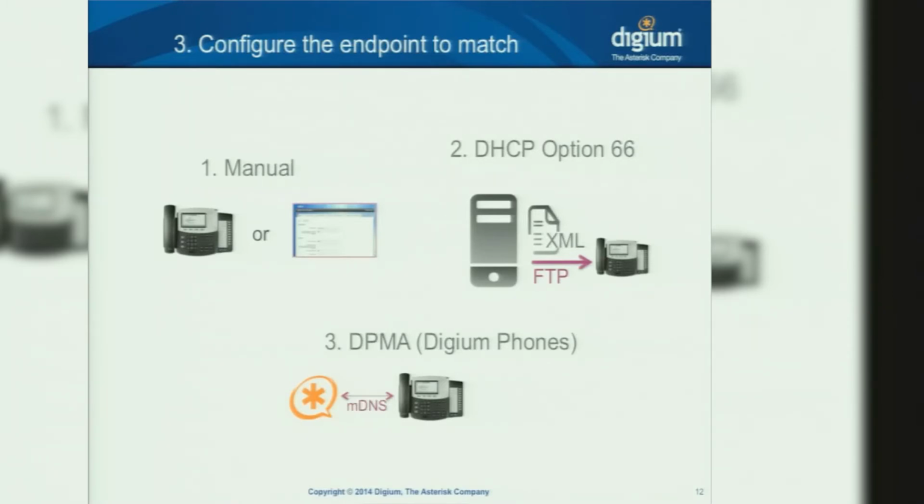Now with the Digium phones, we have DPMA, or the Digium Phone Module for Asterisk. Before I launch into that, by the way, you don't have to use this if you're using a Digium phone, right? Digium phones are SIP compliant, so you can use them with any SIP compliant technology. You can use option 66, you can just register it or set it up manually and have it connect to some non-Asterisk thing that can use the SIP protocol.